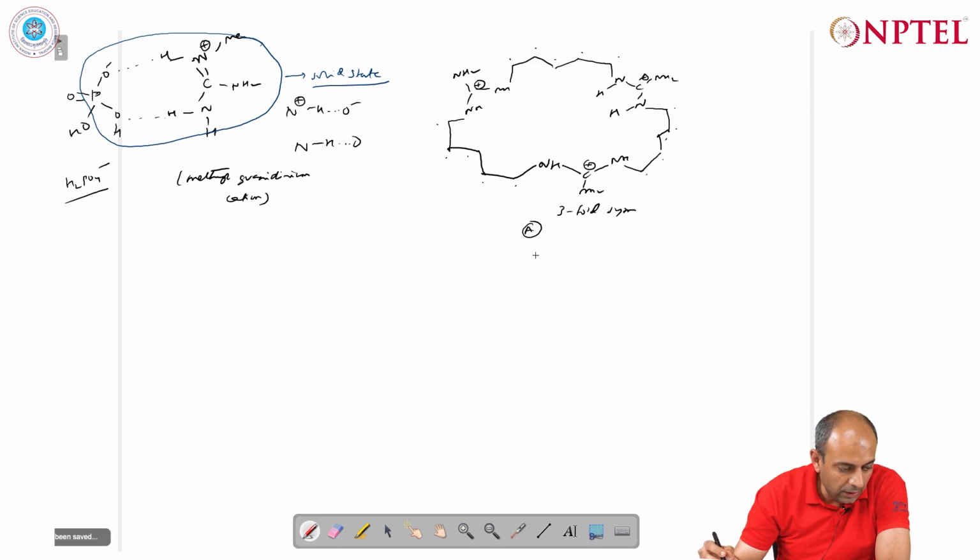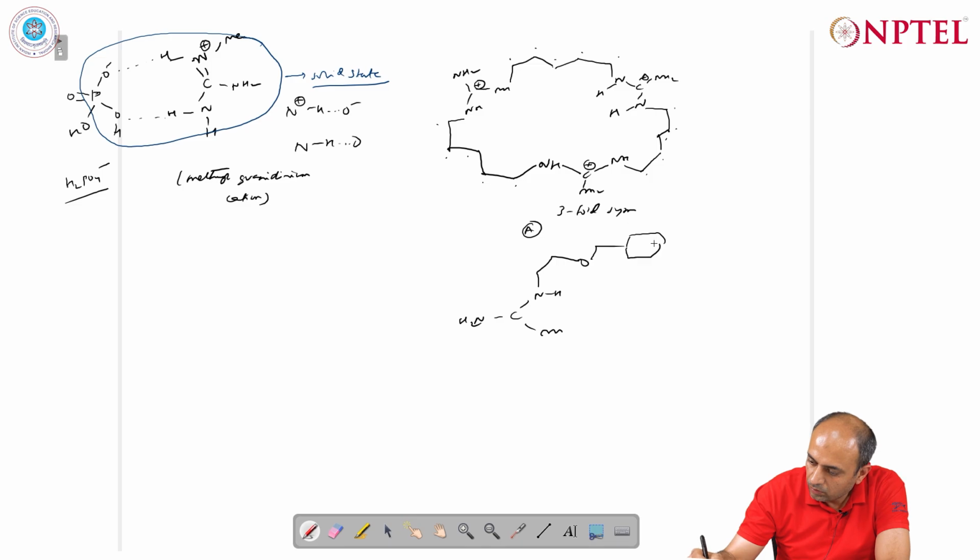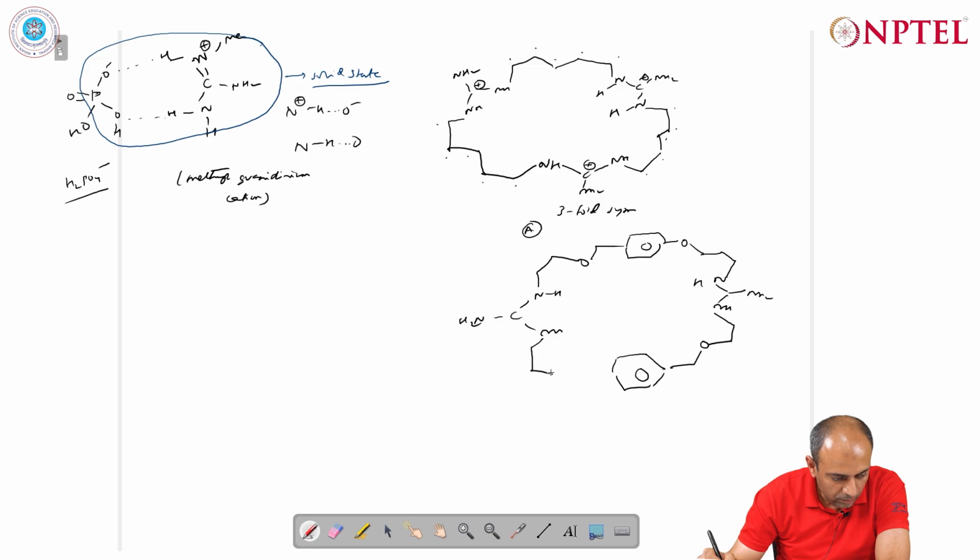Another host was designed where we have 1, 2, 3, 4, repeated for each arm.